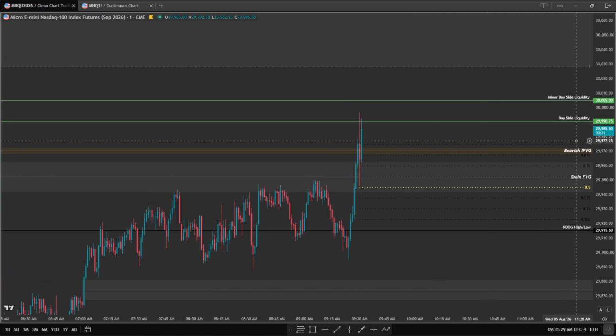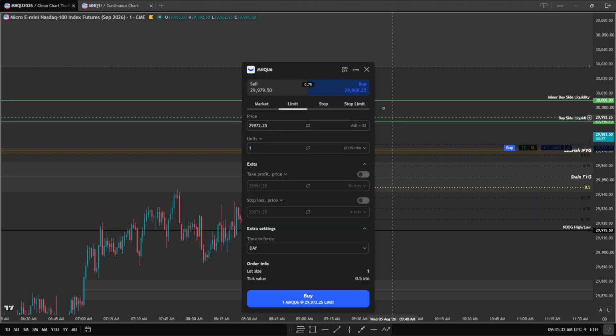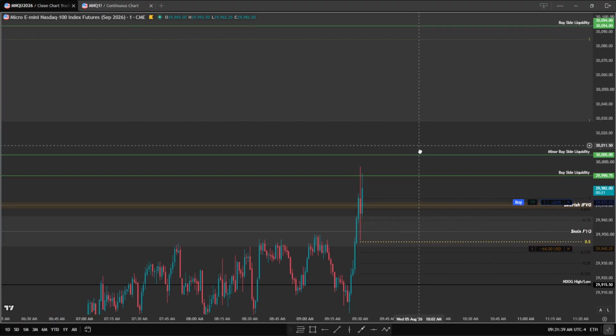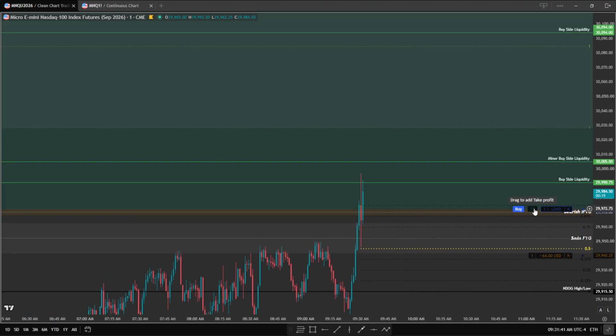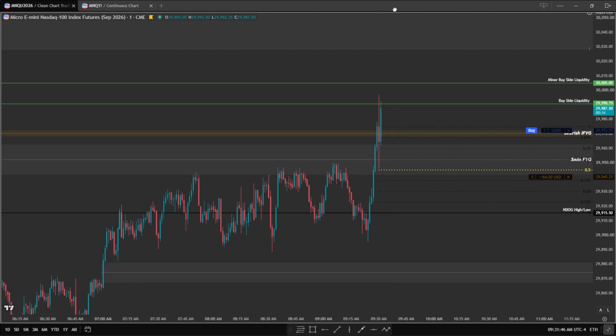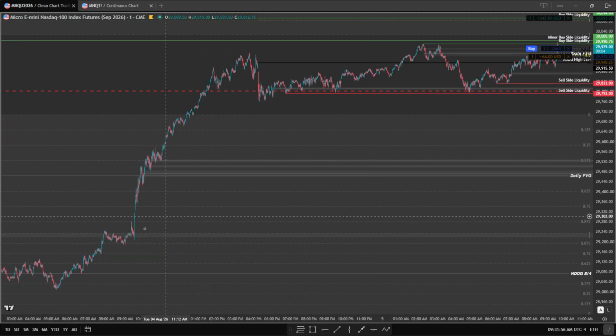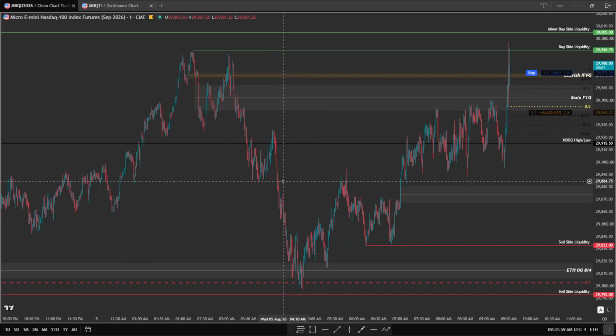Kind of like the idea of it just running buy side. Will it run for that? That'd be crazy. I'm very skeptical getting in long so early, but it's been ridiculously bullish.